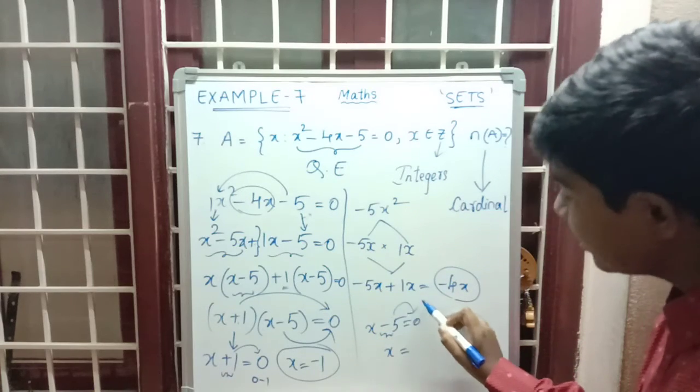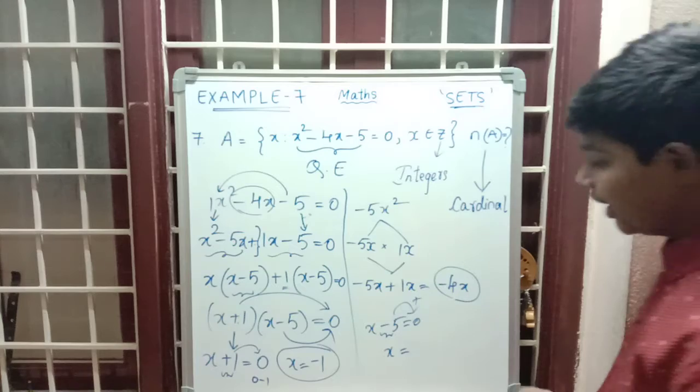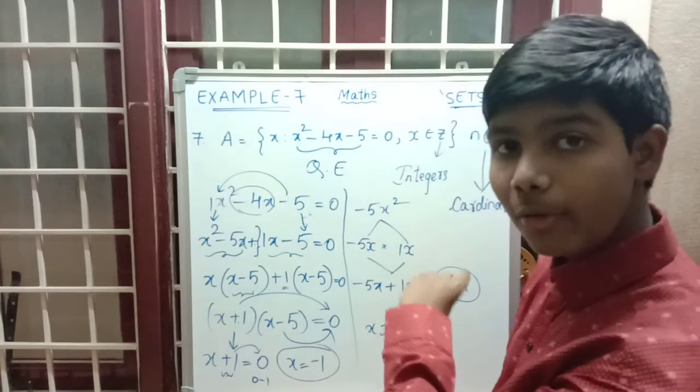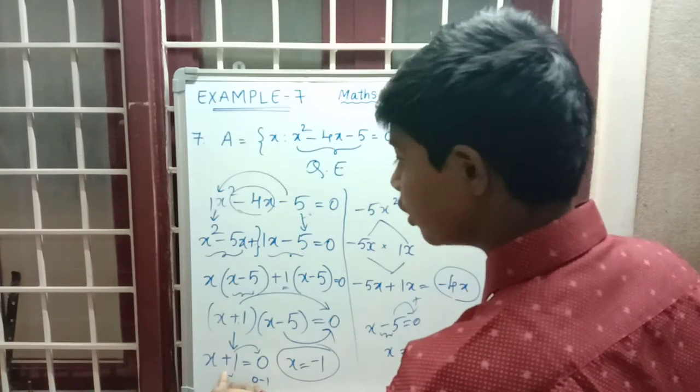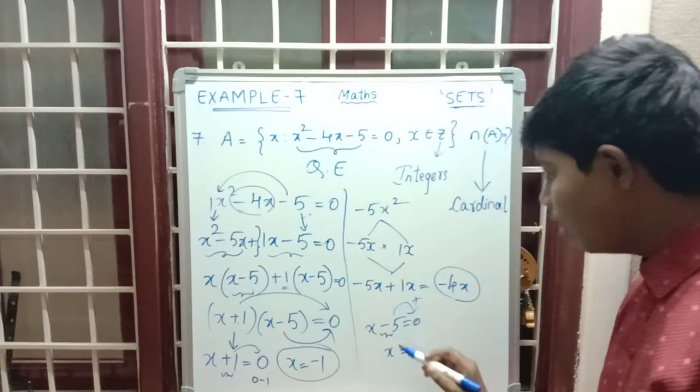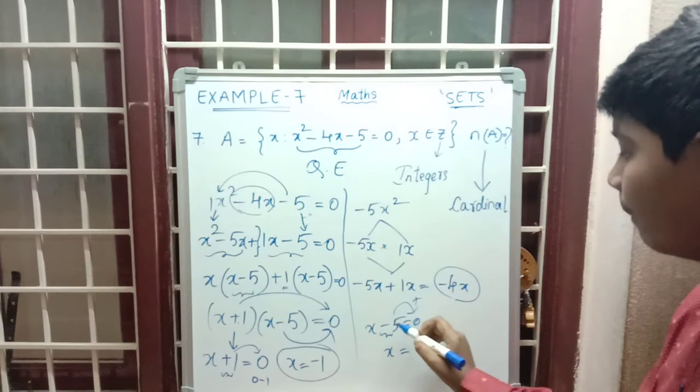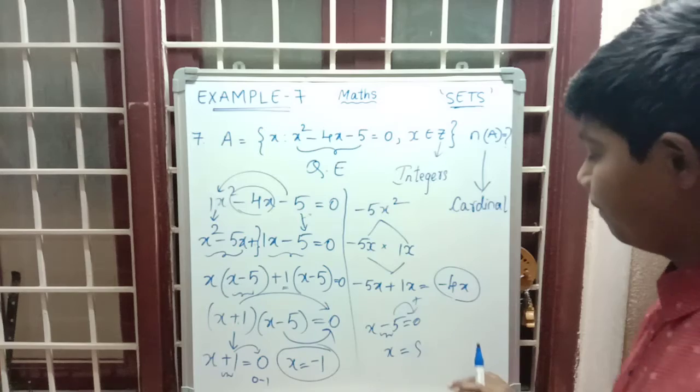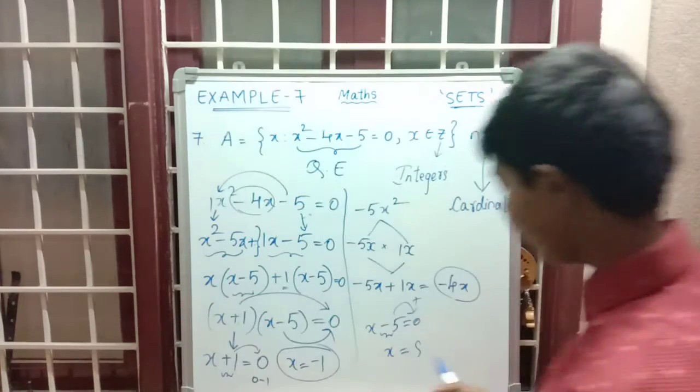If it goes to RHS, it becomes plus. In LHS minus, in RHS it will be positive. Here in LHS it is positive, in RHS it will be negative. So x here is 0 plus 5, 0 plus 5 is 5.